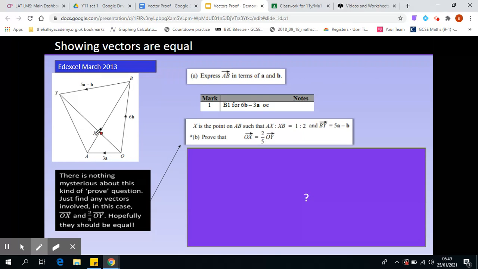So AX is 1 part and this is 2 parts, so that will be, as a fraction, 1/3 of the entire line, and XB would be 2/3 of AB. So AX is 1/3 of AB and XB is 2/3 of AB. Now, since we know AB, it's easier for us to solve the question.